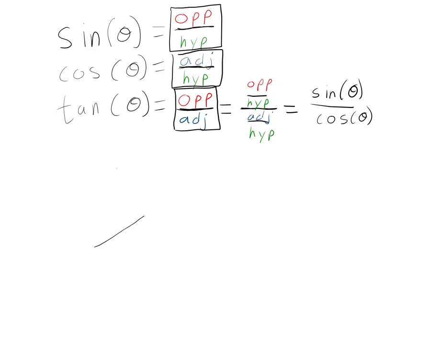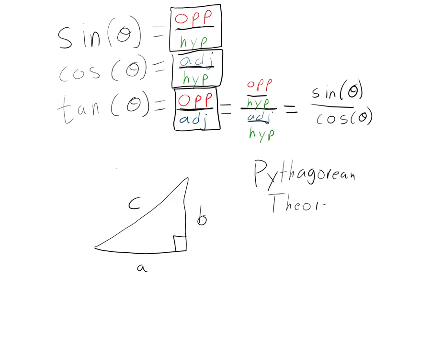Now, another very important thing that we're going to have to notice, we're always going to associate these with right triangles. And for any values A, B, and C, there's something called the Pythagorean theorem, which was known well before Pythagoras' day, but he does get it named.